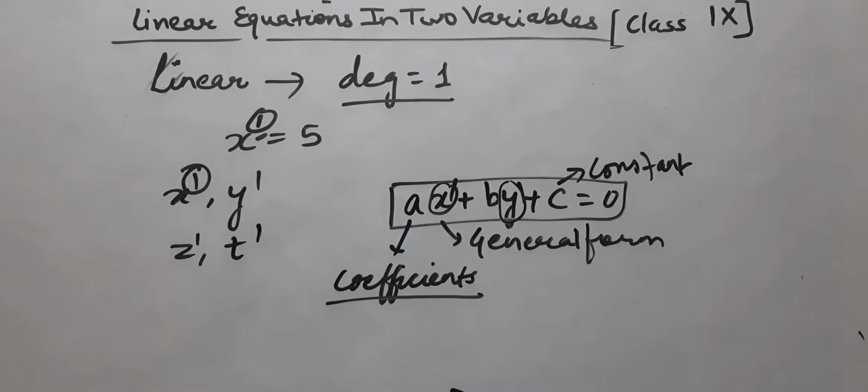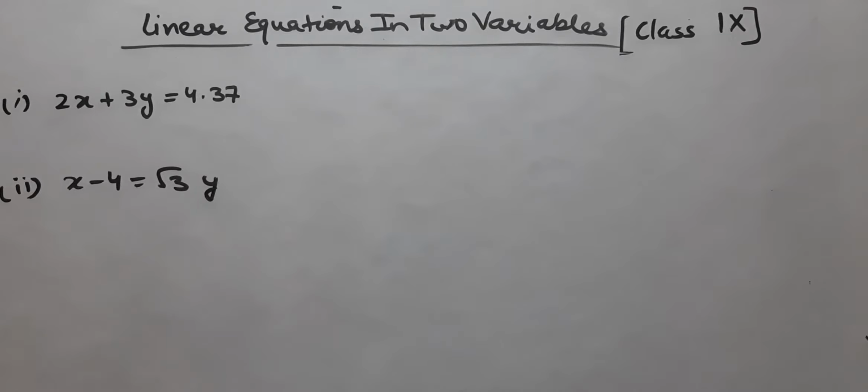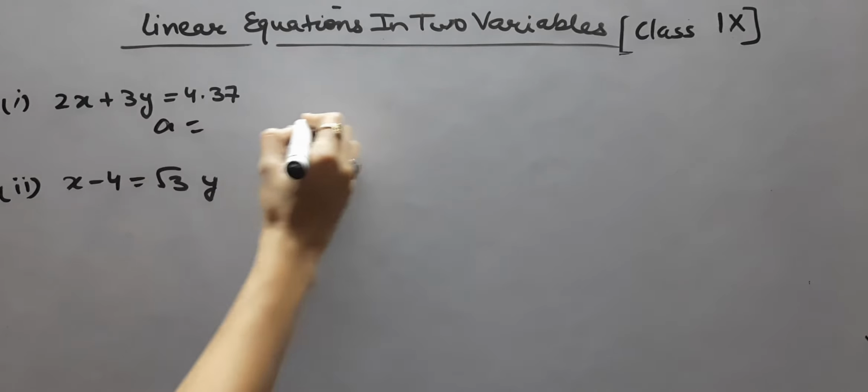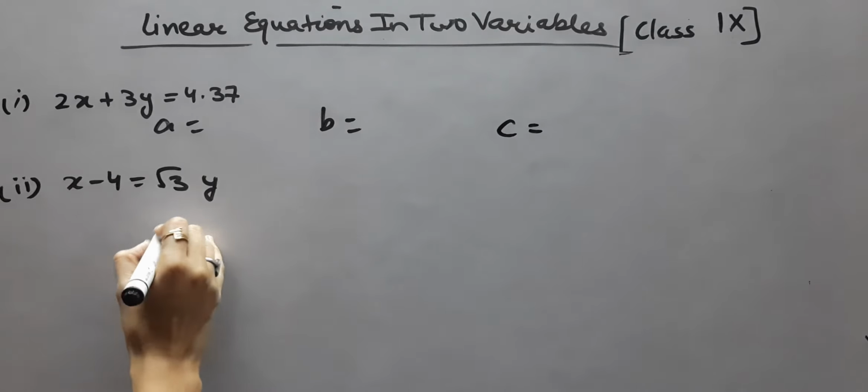So we can easily find the coefficients. Let me give you an example. Now we have these two examples in which you have to find the values of A, B and C. We need to compare these two equations with ax plus by plus c is equal to 0.